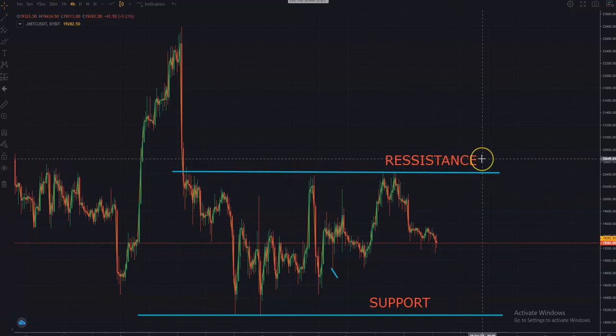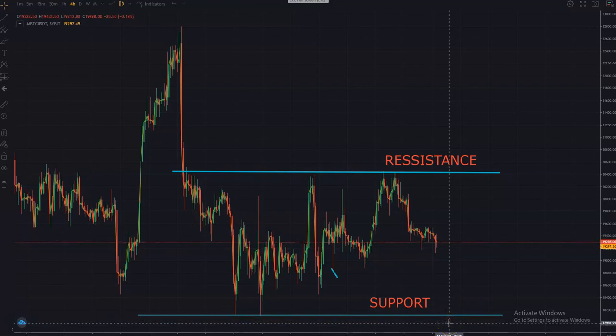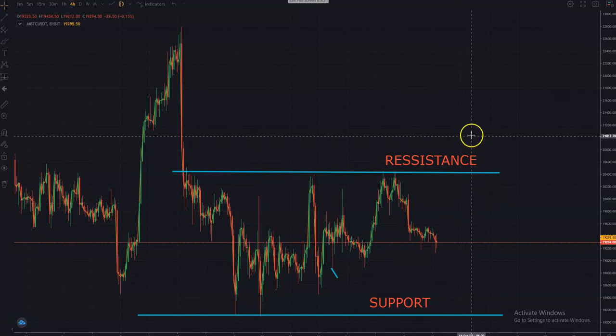As soon as you see that resistance line broken, most traders are likely to place their buy orders just above right here, and they will place their stop orders. On this side as well they can place their stop order right below their support line if the market continues going down, or if the market continues going up.